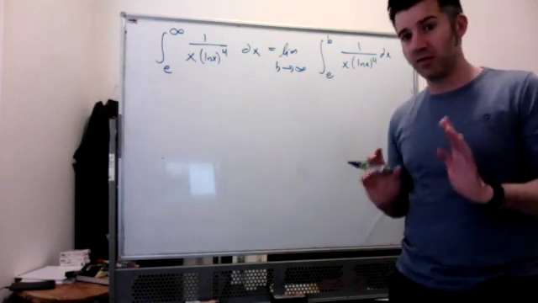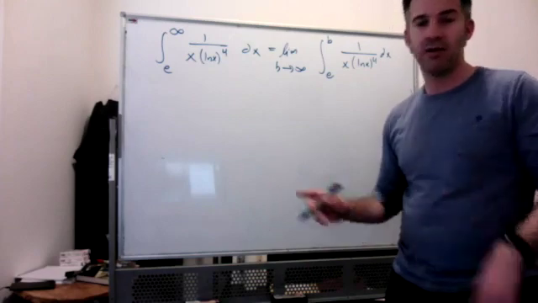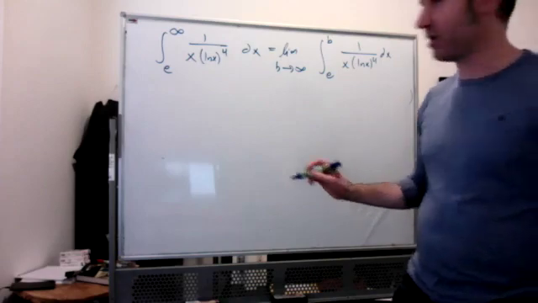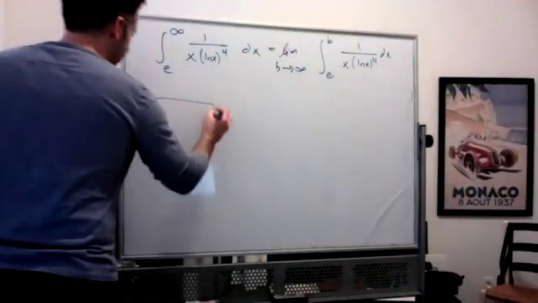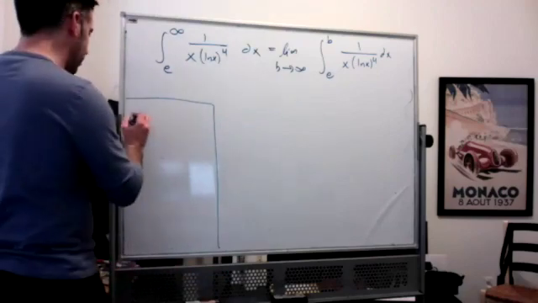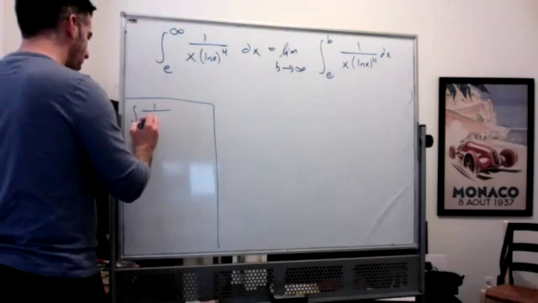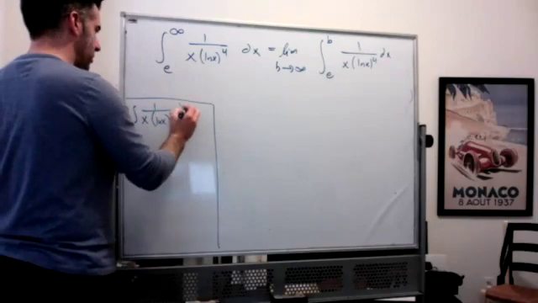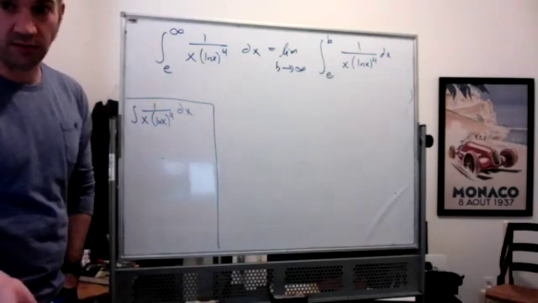If it's something really straightforward that you can integrate in one shot, fine, keep going. But if you can't, and a lot of them we can't, I recommend doing the indefinite integral off to the side. So I'm going to do the integral of 1 over x times the natural log of x to the 4th dx, just off to the side.